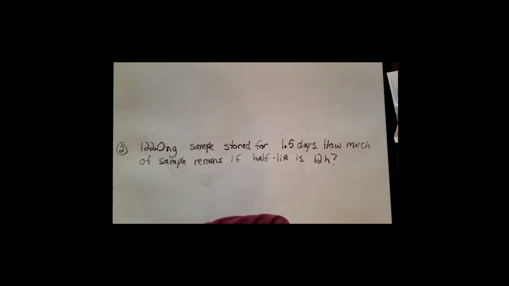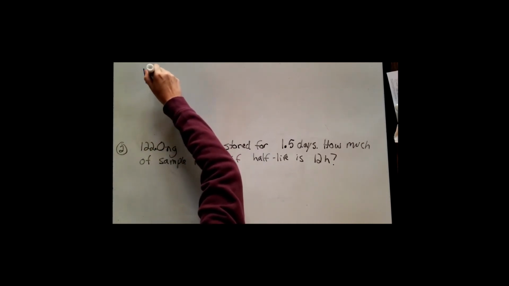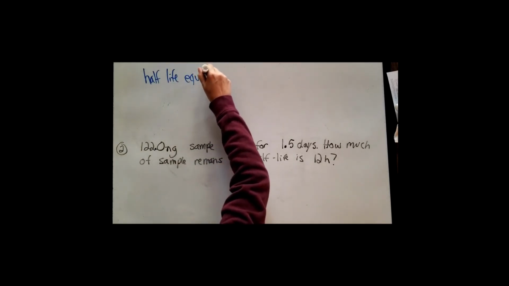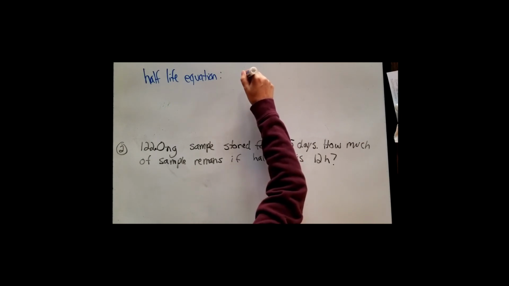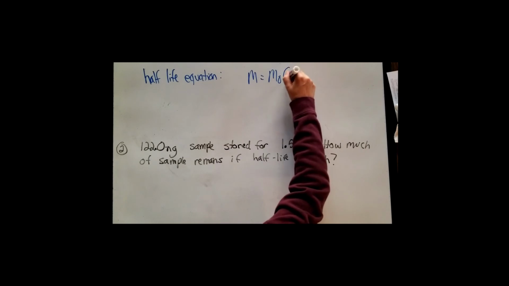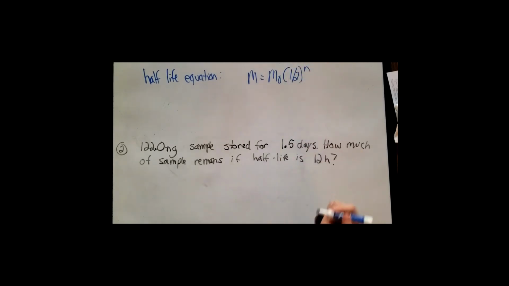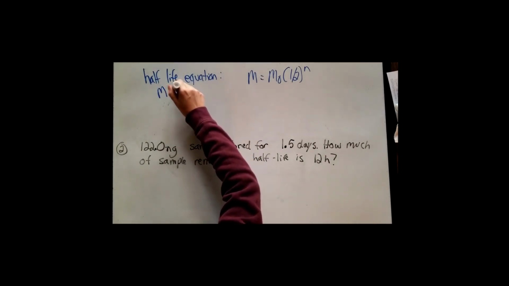So the half-life equation: we have M is equal to M0 times 1/2 in parentheses raised to the nth power. What does all that mean? This M is the quantity remaining.